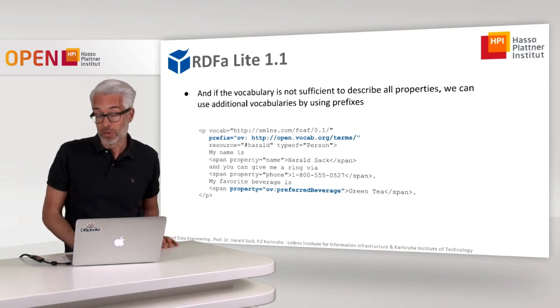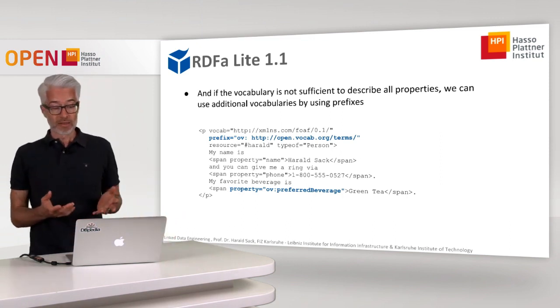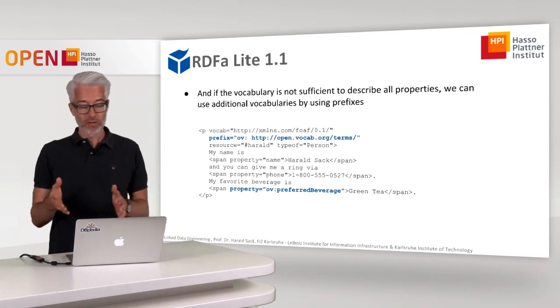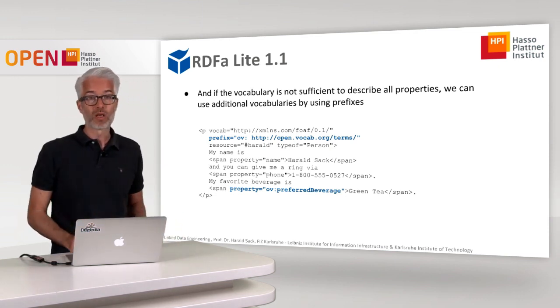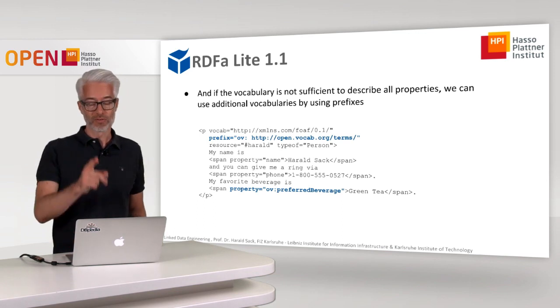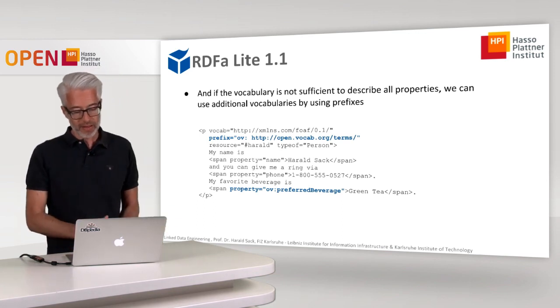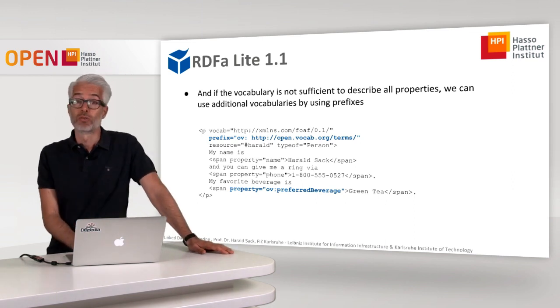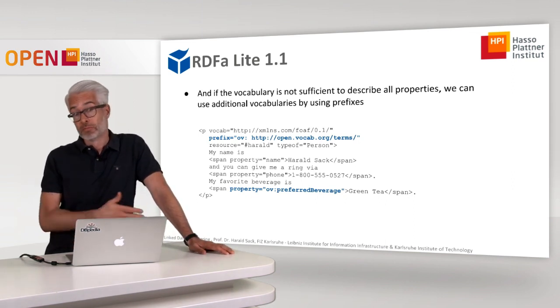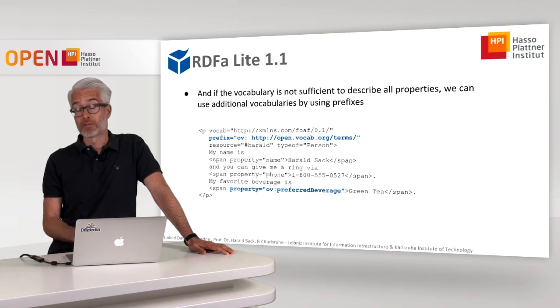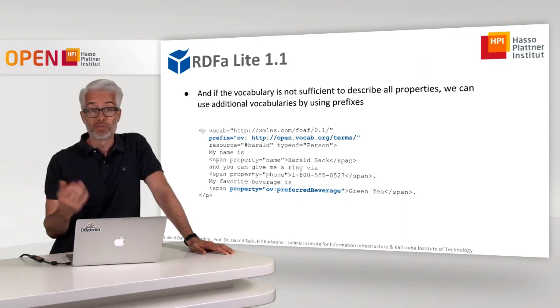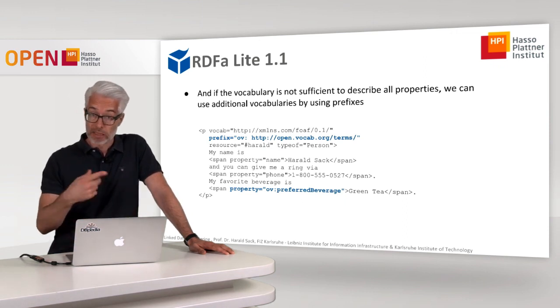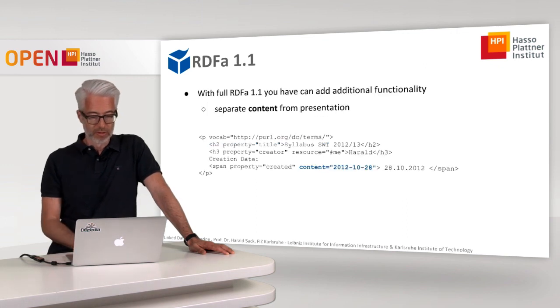It works perfectly in the same way as in Turtle. So OV: is substituted by the URI prefix that you have defined above. And then I write here that my preferred beverage is green tea. So I can use any vocabulary I like. I have to define only prefixes for that, and therefore they cannot be mixed up. So this is also quite simple.